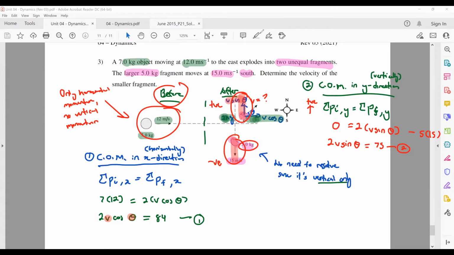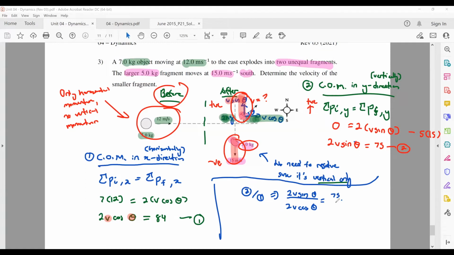All right. Now how do you proceed? You see this is v sine theta, and this is v cos theta. If you take one divided by the other, it will give you a new trigonometric relationship. If I take 2 divided by 1, it will be 2v sine theta over 2v cos theta equals 75 over 84.